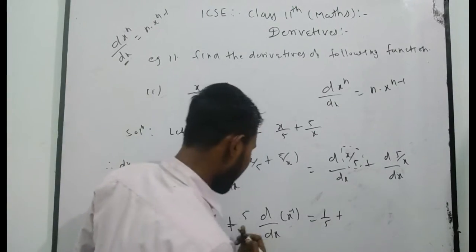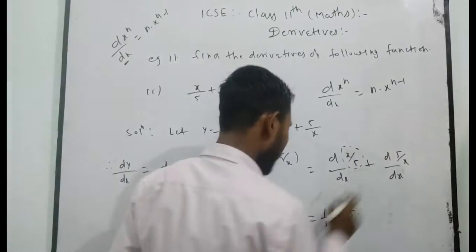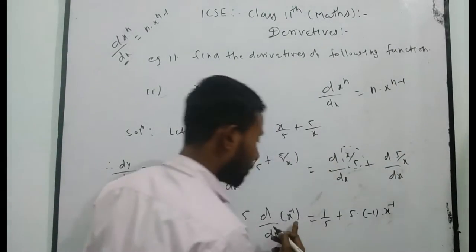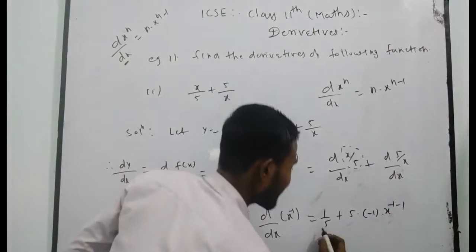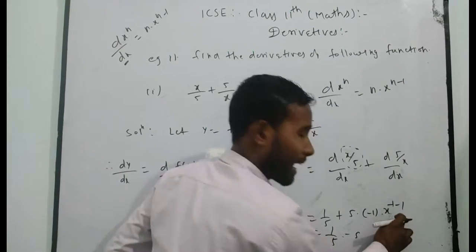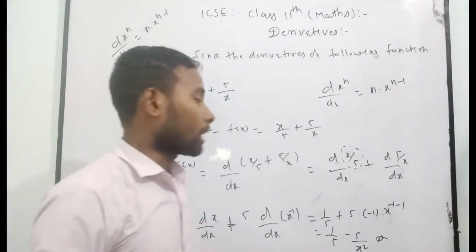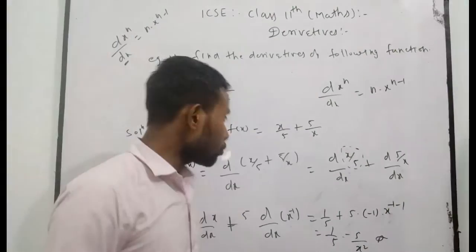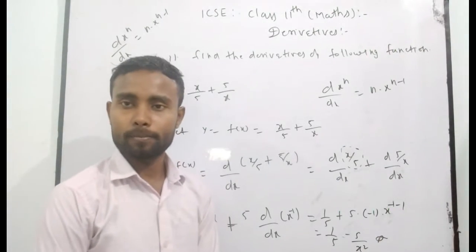So you can write plus 5 times minus 1 into x to the power n minus 1, that means x to the power minus 2. Now 1 by 5 plus 5 times minus x to the power minus 2, and x to the power minus 2 can be written as 1 by x square, so it will be minus 5 by x square. So the derivative of x by 5 plus 5 by x will be 1 by 5 minus 5 by x square.